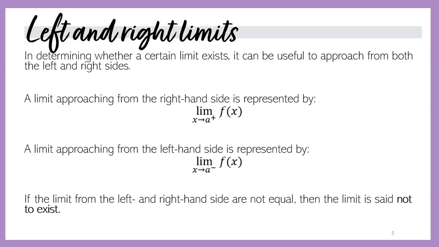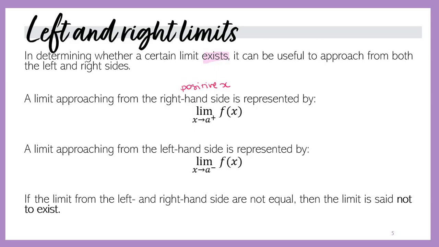Now, for the sake of differentiating and this idea of continuity, we need to determine if a limit actually exists, okay? What we do in that case is we approach that point on our function from the left and the right-hand side. If we're approaching from the right-hand side, we're approaching from the positive x side, right?